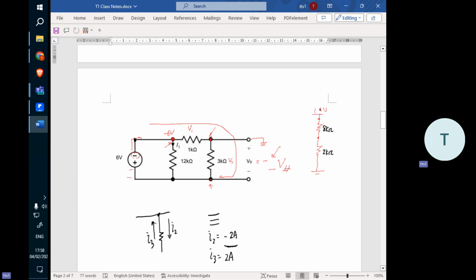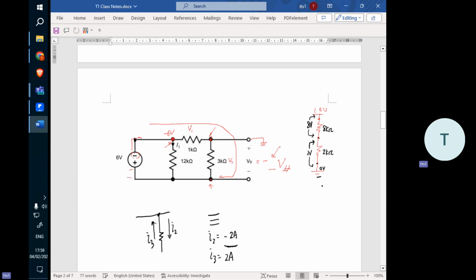So you know that the 10 volt is going to be shared by these two, right? So the 8k will take 8 volt, this is how it works. Another 2 volt goes to the 2k here, measured from this node to this node. So this node is 0, right?